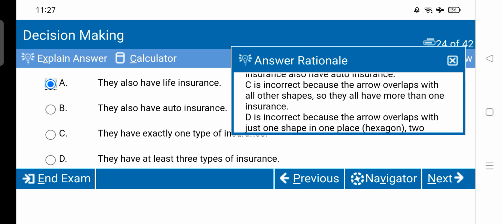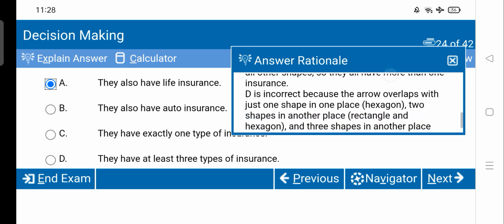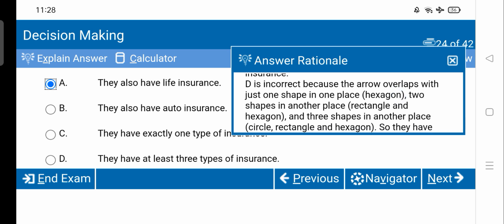C is incorrect because the arrow overlaps with all other shapes, so they all have more than one insurance. D is incorrect because the arrow overlaps with just one shape in one place, two shapes in another place, and three shapes in another place.